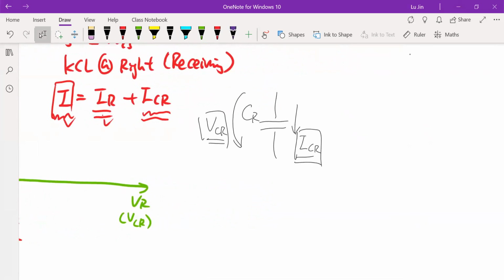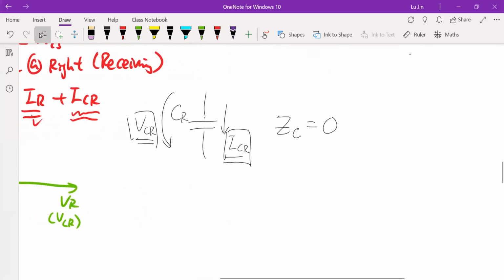What does it mean? You have one single capacitor, right? So the capacitor impedance ZC equals 0 resistance, because it's just a single capacitor, plus J multiplied by, sorry, my fault. Sorry, guys. It's 0 plus, normally it's just 1 over J omega CR.